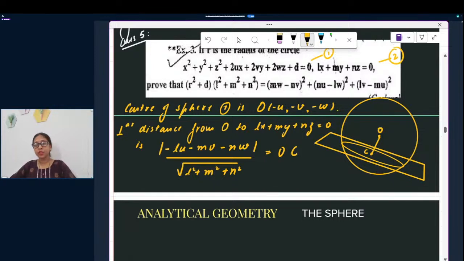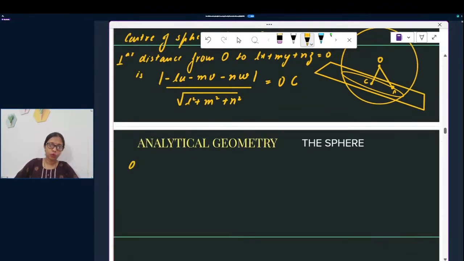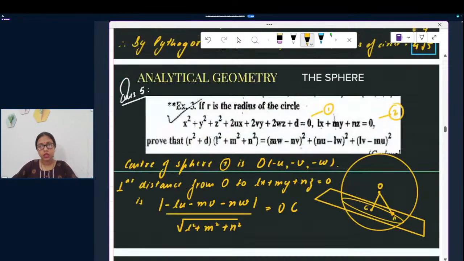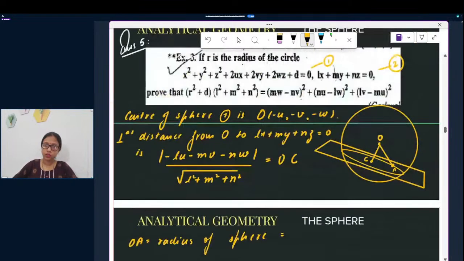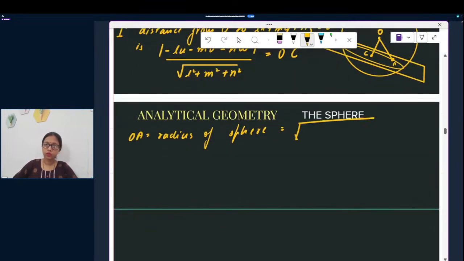Alright. OA is the radius of the sphere. So that is the square root of u square plus v square plus w square minus d.